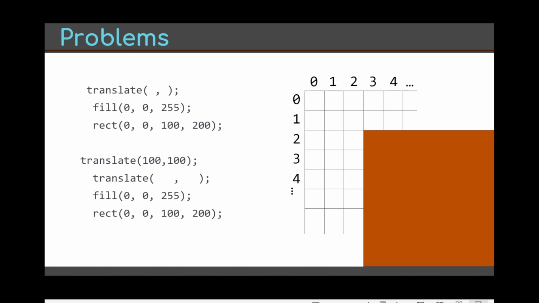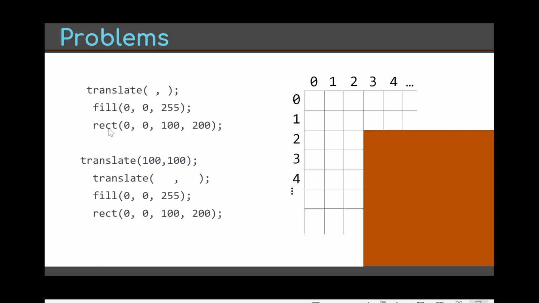So 3 being the x value and 2 being the y value. With this translate, how do you think we'd do it? Yes. 3, 2. Yeah, x goes first, and then y.